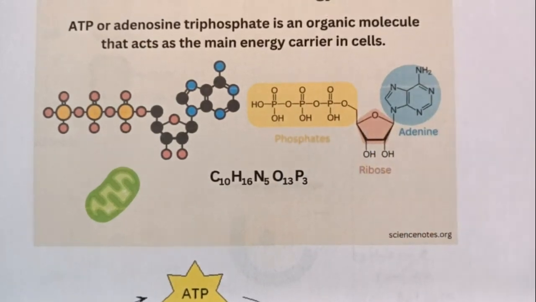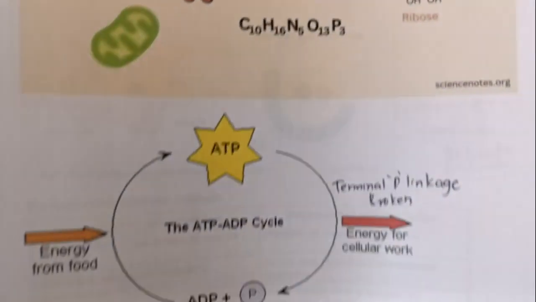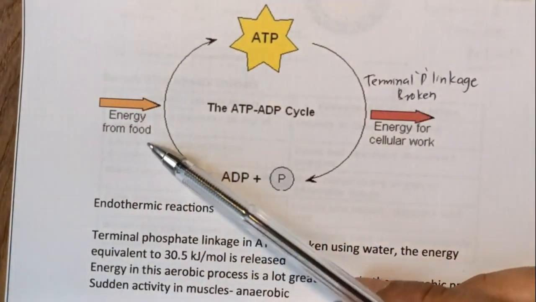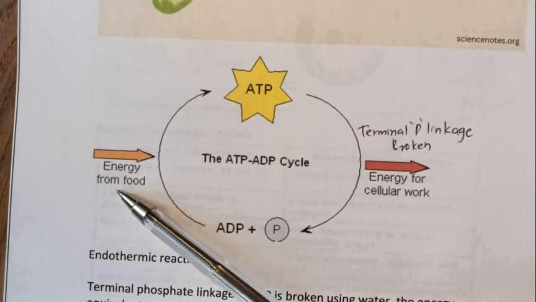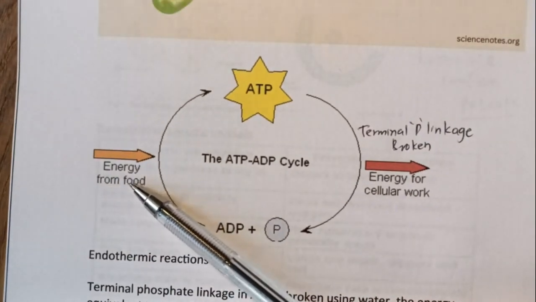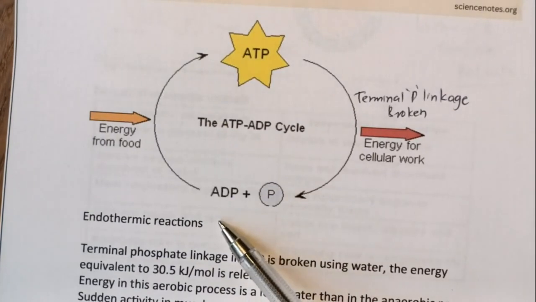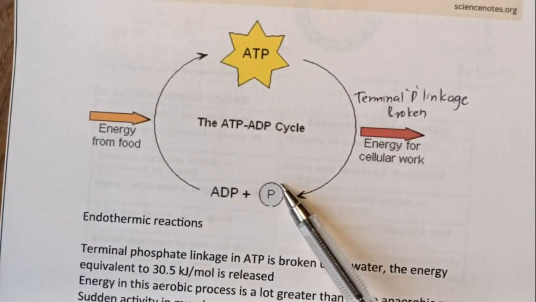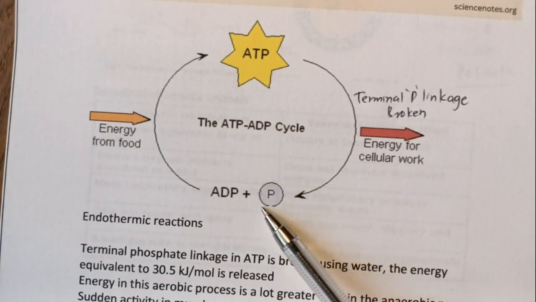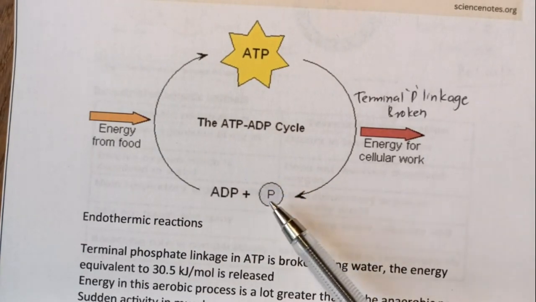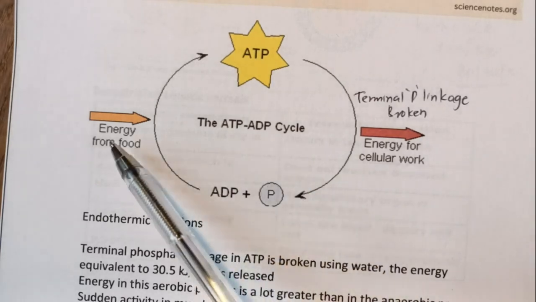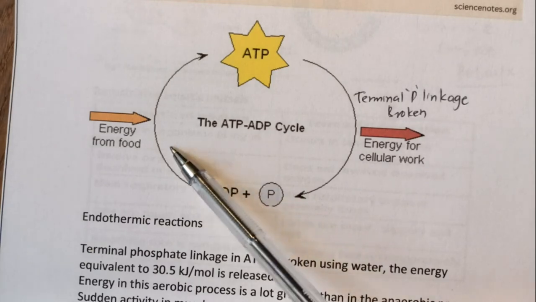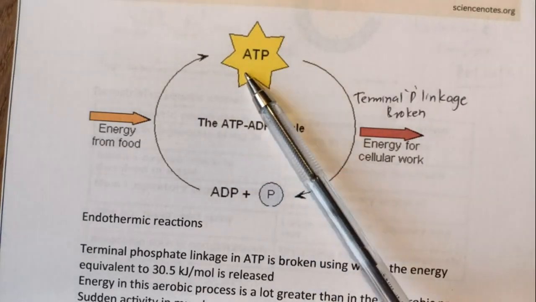Okay, so let's go into a little bit more detail of this ATP. So as I mentioned, the energy released during respiration is used to combine ADP, adenosine diphosphate, and a phosphate. To make this bond, the energy is absorbed, and it gives rise to ATP, that is adenosine triphosphate.